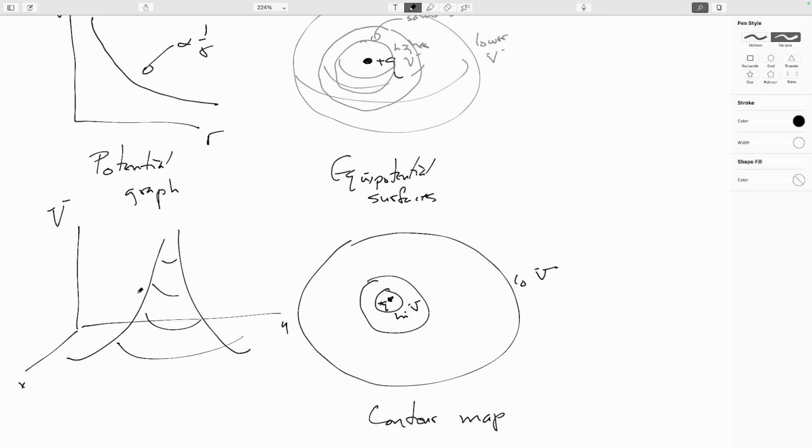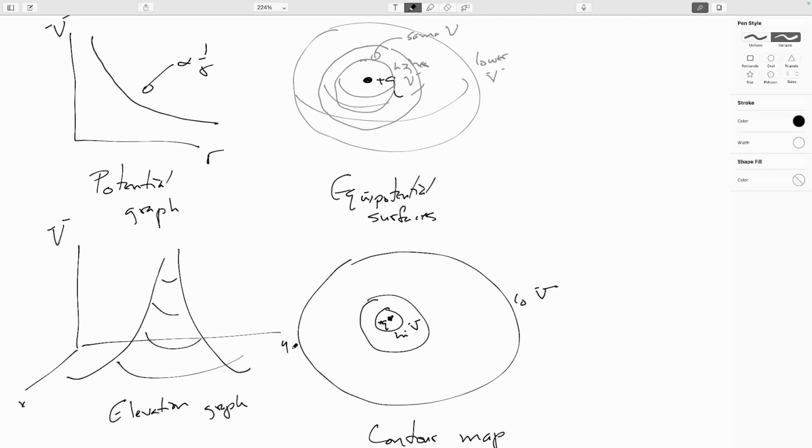Sort of a volcano looking kind of thing. This is an elevation graph representation. And with practice, the idea is basically you look at any one of these, whichever you think is the most useful, and you should be able to ultimately visualize the rest of these.